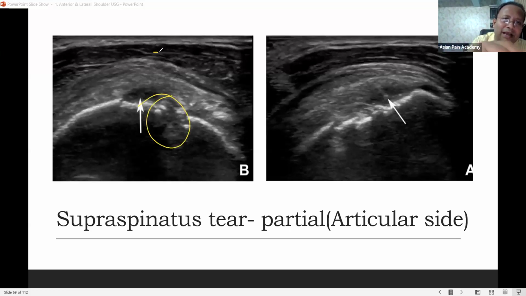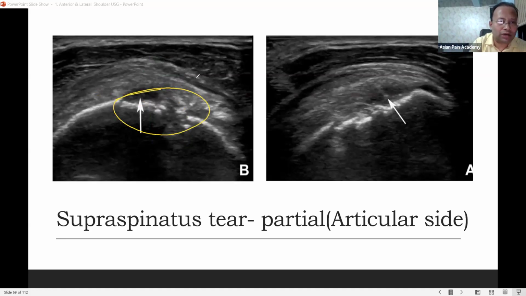If the tear is above, just at the side of the bursa, then we will call it a bursal side tear. And if it is in between, in the middle part, then we will say it is an intrasubstance tear. Here you can understand what type of tear it is: it is the articular side tear.